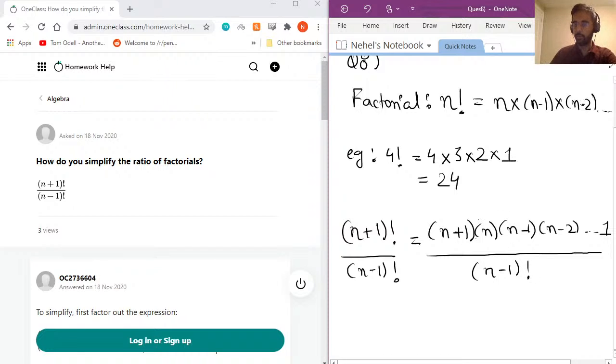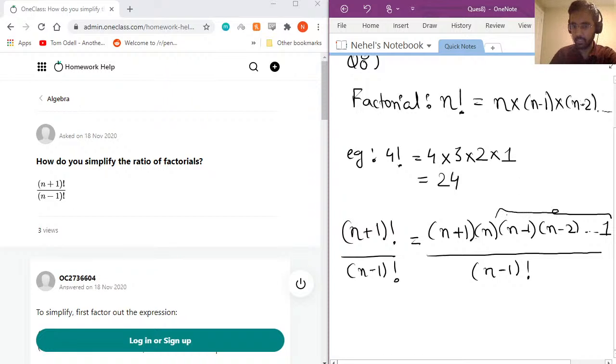So now if you pay attention on the numerator, you have a few terms which look very similar to what would be said to be the factorial of n minus 1. The factorial of n minus 1 would be n minus 1 multiplied by n minus 2 multiplied by all the numbers up to 1.